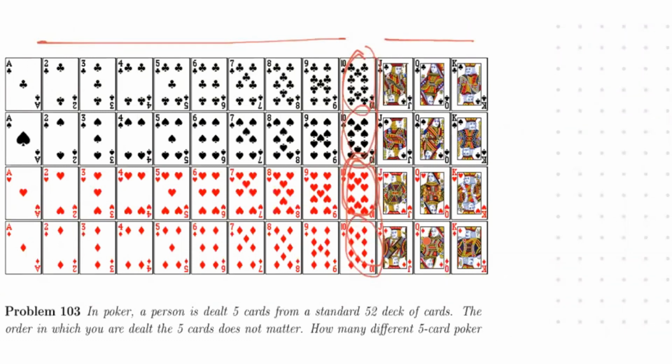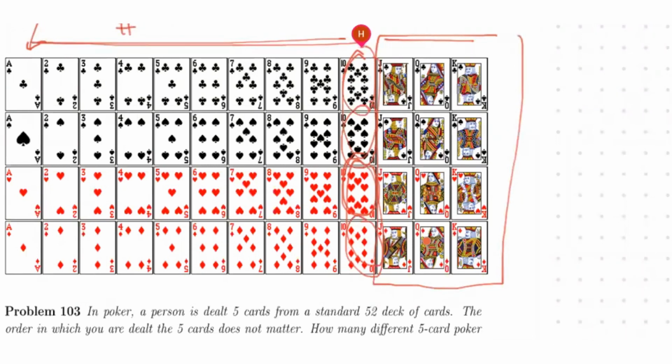Ace, we put this as a number card. Jack, queen, and king, we put as face cards. So ace to 10 is number cards. There are 10 number cards and 3 face cards for each suit. So it's 13 total and 4 suits. 13 times 4, there are 52 cards.